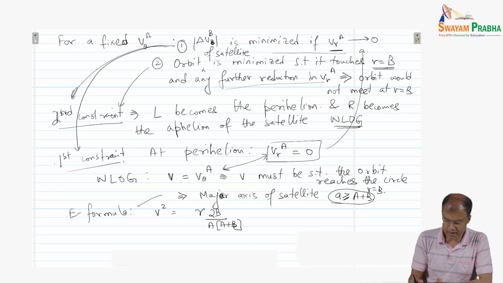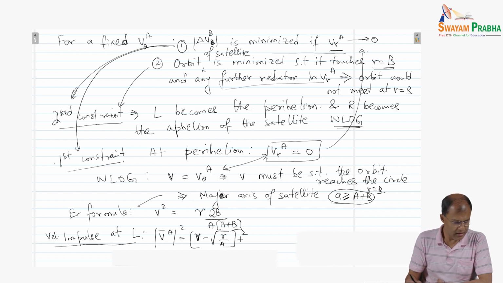And then our velocity impulse at liftoff at point L comes out to be delta v A bar square to be v minus square root gamma by a square.